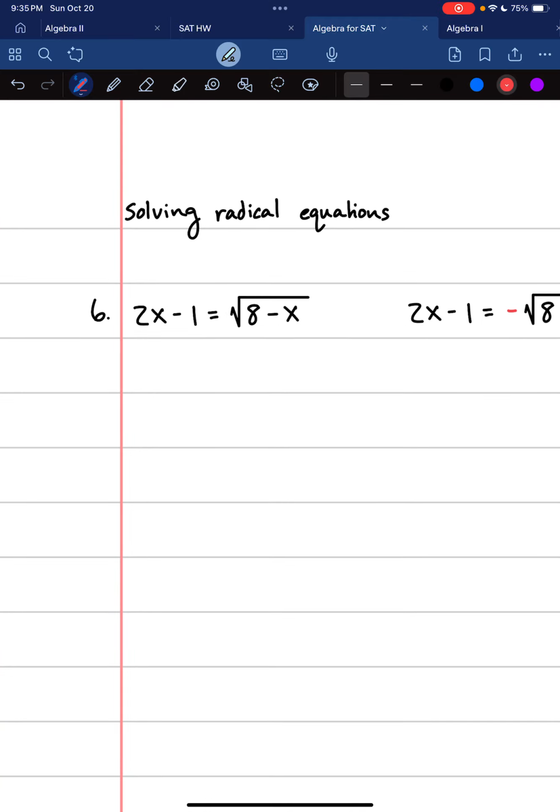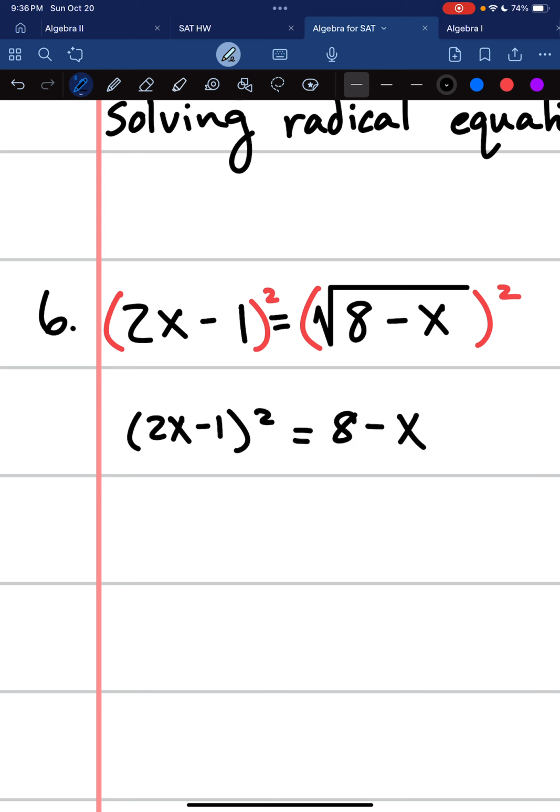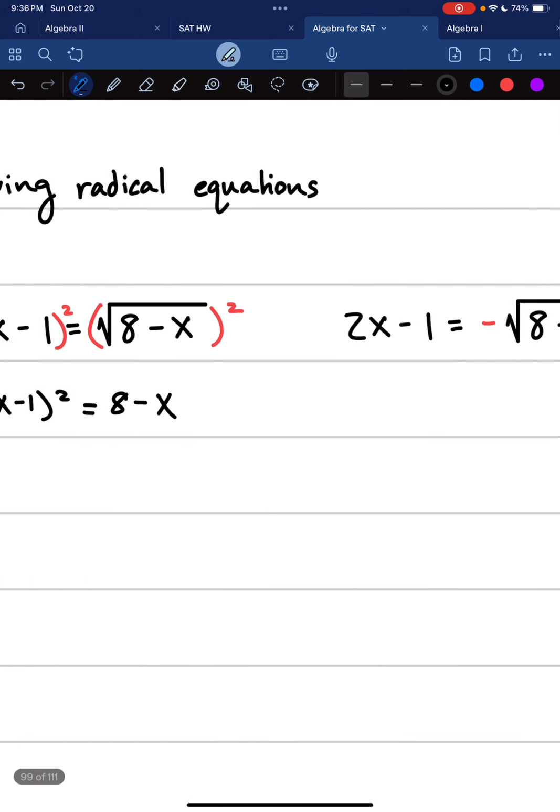And now I'm going to solve both of these. So for this first one, I'm going to solve this by squaring both sides, and I end up with 2x minus 1 squared equals 8 minus x, right? So squaring it eliminates the radical.